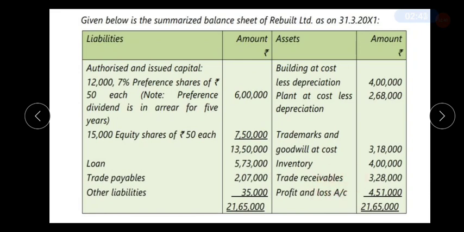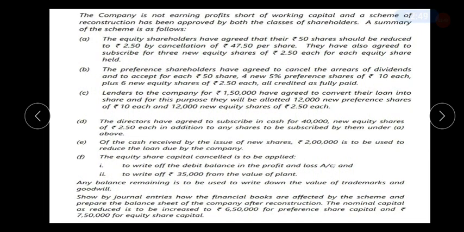We need to reconstruct this company. The company is not earning profits and is short of working capital, and a scheme of reconstruction has been approved by both the classes of shareholders.